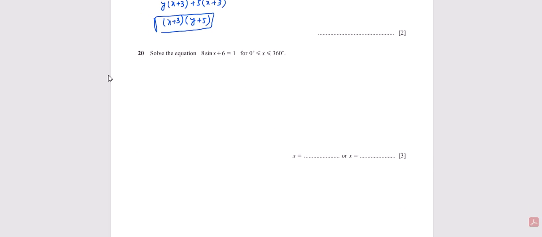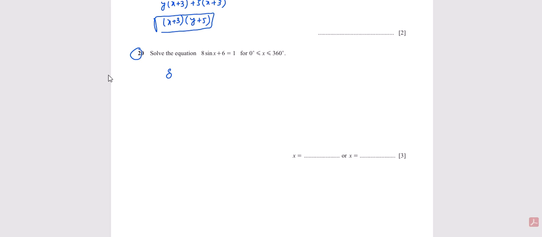Question number 20. Solve the equation 8 sine x plus 6 is equal to 1 for 0 degrees less than or equal to x, and x is less than or equal to 360.